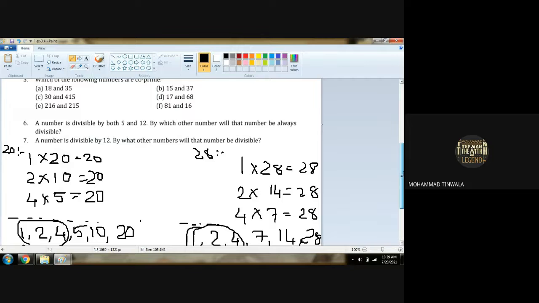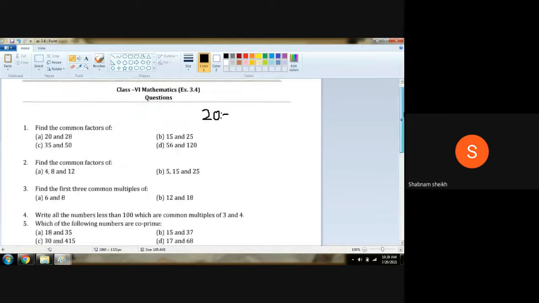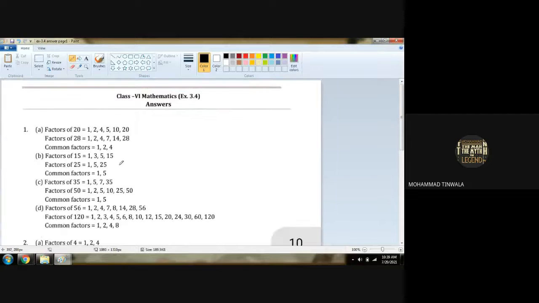Yes or no? Yes, sir. So we have to find only the common factors, so we have to show only the common factors here. See, the factors of 20 and 28 are what we got here, and the common factors are 1, 2, 4. Any doubt with question number 1? No, sir.